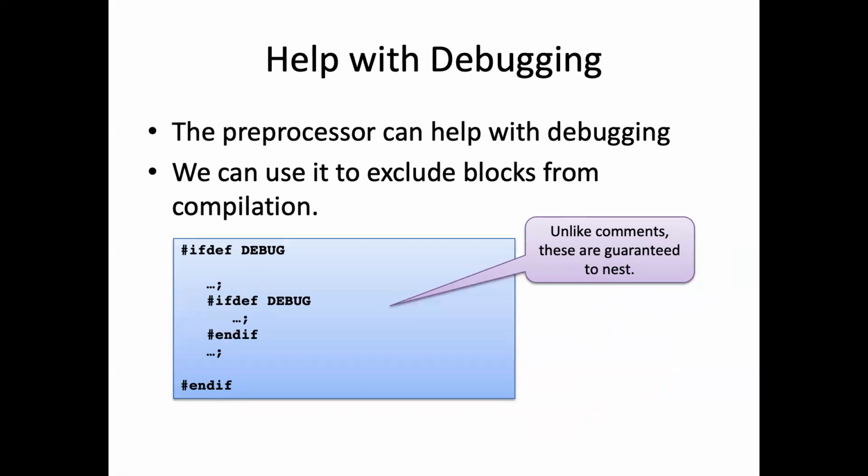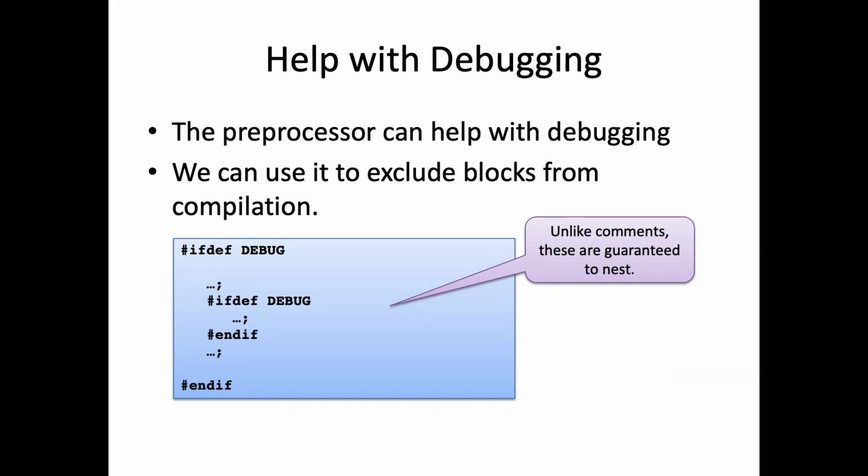I said before, conditional compilation is also kind of handy for debugging, and there are a few things I can show you on this. For one, remember from maybe the first or second day of class, I think I pointed out that commenting out code is usually a bad way to exclude it from compilation, in particular because comments are not guaranteed to nest.